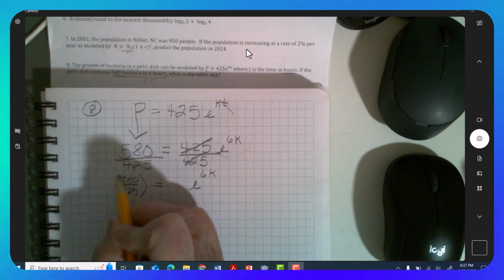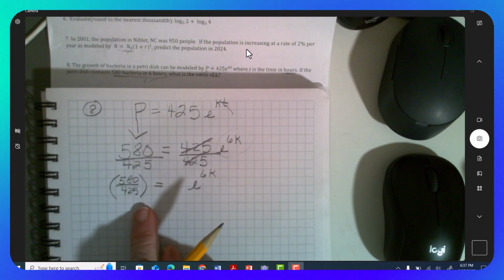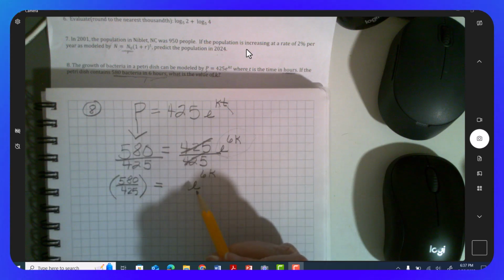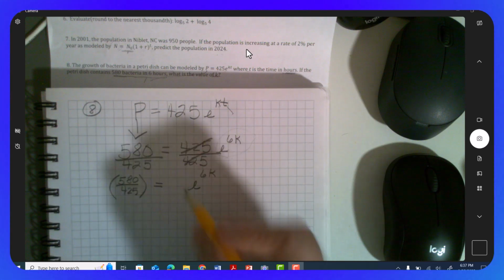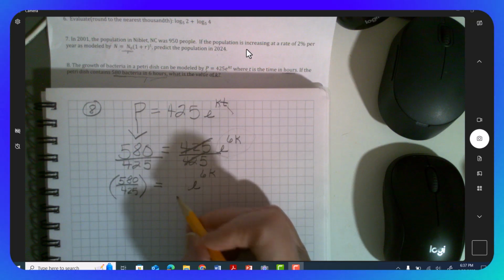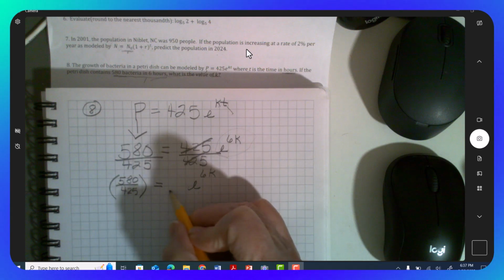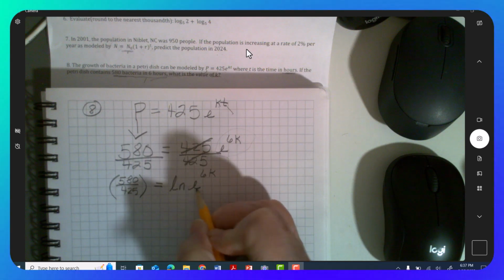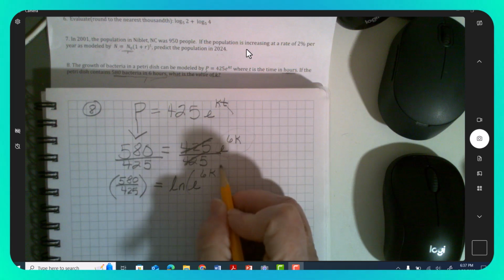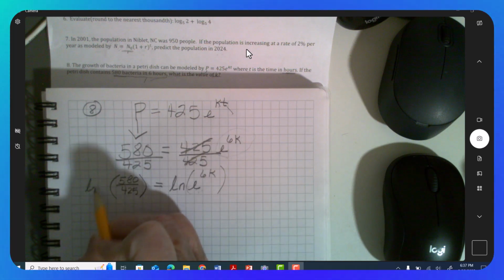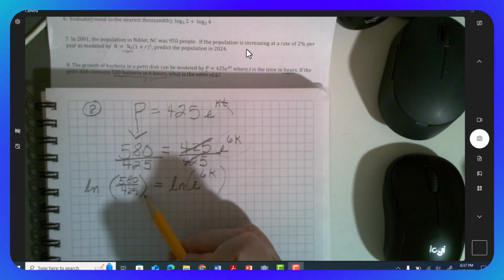Put that in parentheses. Now in order to simplify this, I need to take the natural log of both sides. I'm using the natural log because I have e. So I'm going to say ln of e to the 6k, and then ln of 580 over 425.